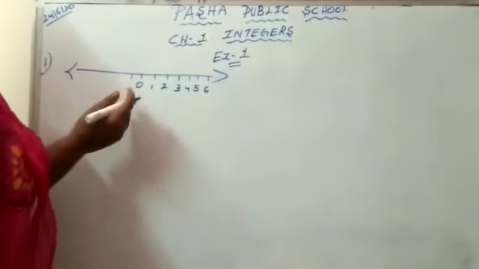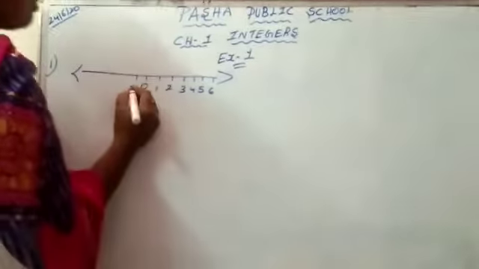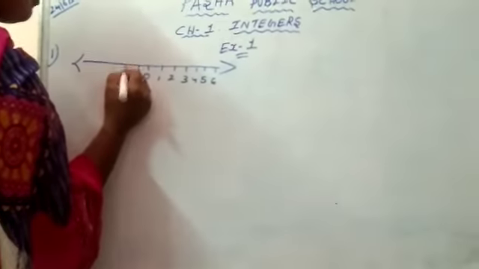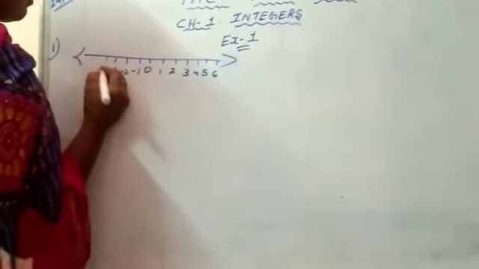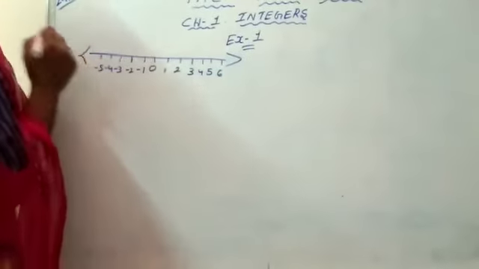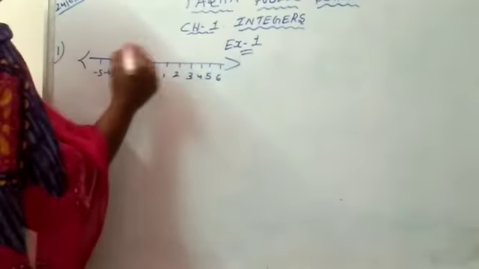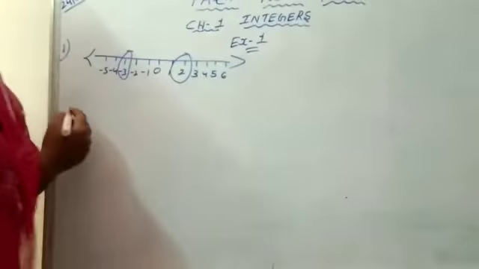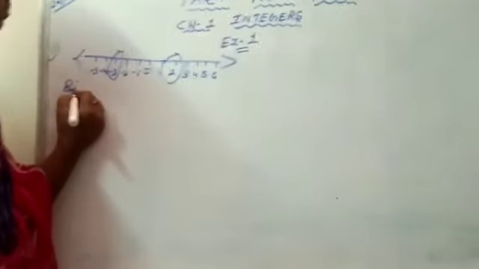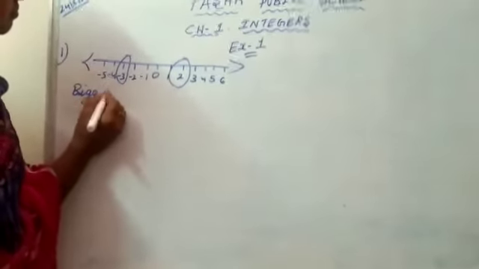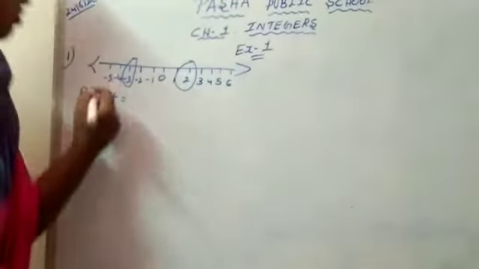And your left hand side will be all negative: minus 1, minus 2, minus 3, minus 4, minus 5. Now minus 3 is plotted and 2 is also plotted. Here they are asking the biggest number and smallest.